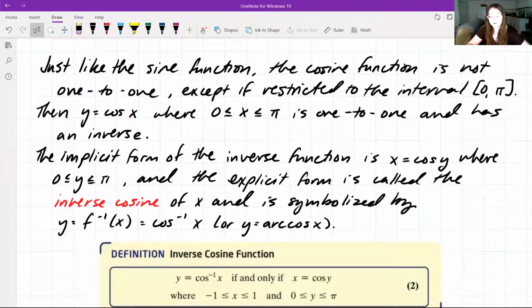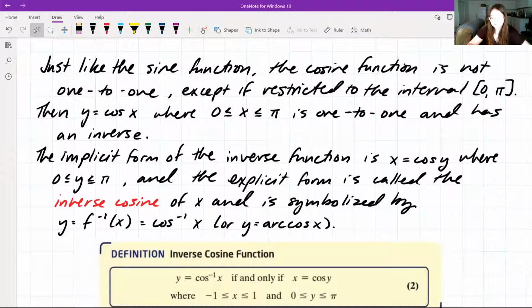Then y is equal to cosine of x, where x is between 0 and pi, is one-to-one and has an inverse. This is the only place that we see cosine has the inverse. The implicit form of the inverse function is x is equal to cosine of y, where y is between 0 and pi.